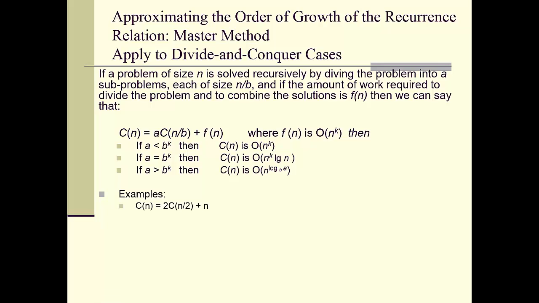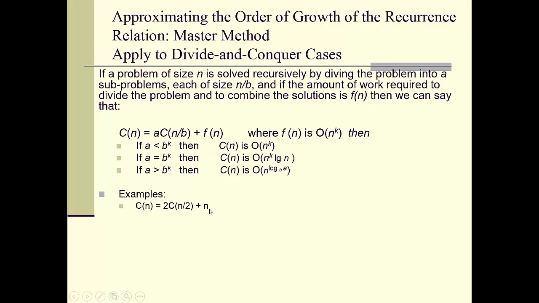Just to give you a few examples, assume that you find the recurrence relationship is C of n is equal to 2 C of n over 2 plus n. In this case, a is 2, b is 2, and f of n is n.